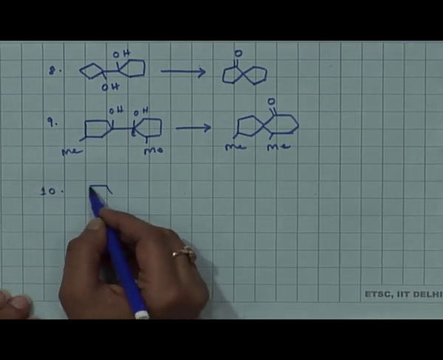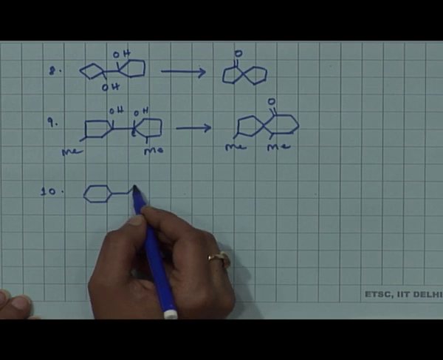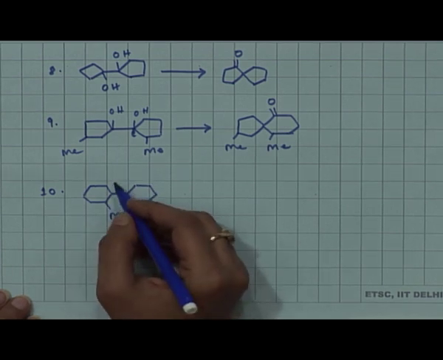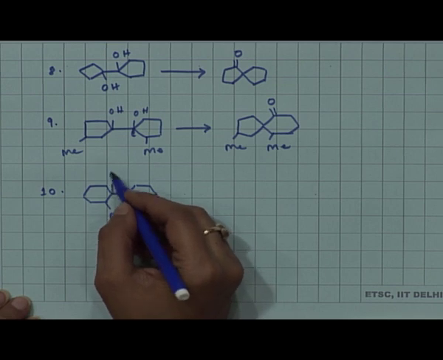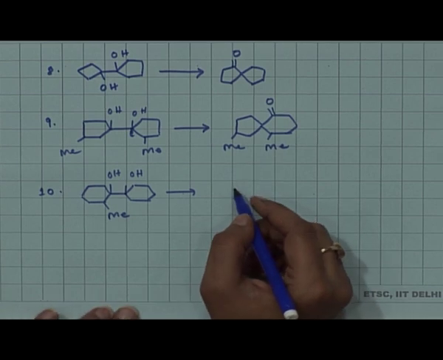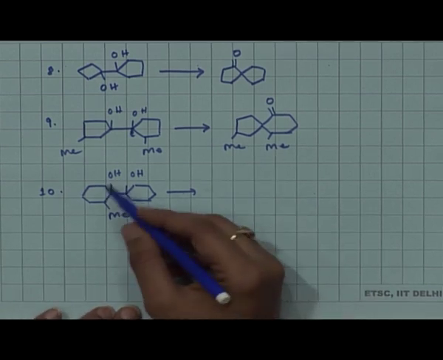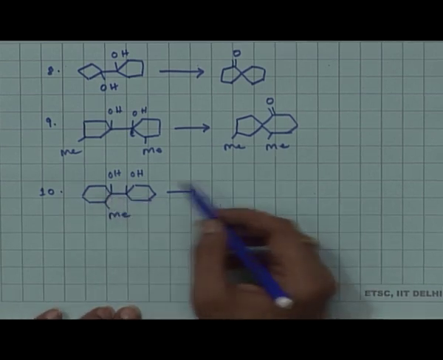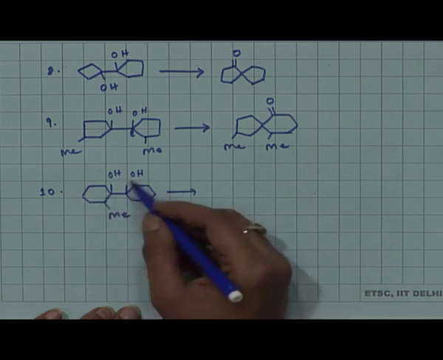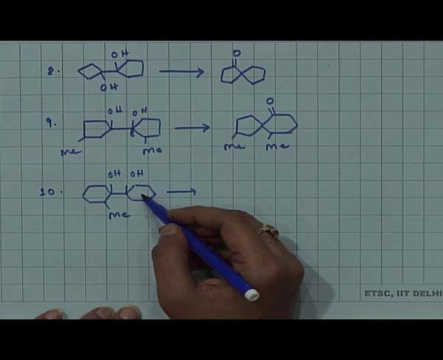If you have a combination of 2 6-membered rings, one is methyl substituted, and you subject it to the same conditions of pinacol-pinacolone rearrangement. So, in this case between the two, this is the one which forms the carbocation, this ring. So, you have ring 1 and ring 2. Okay.